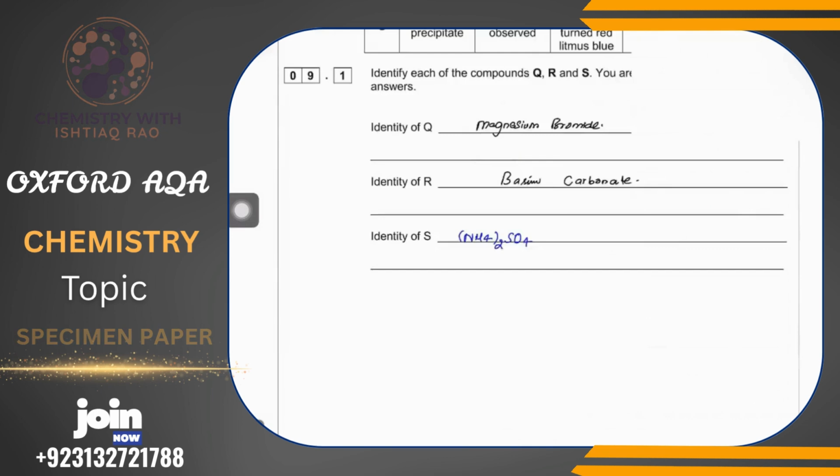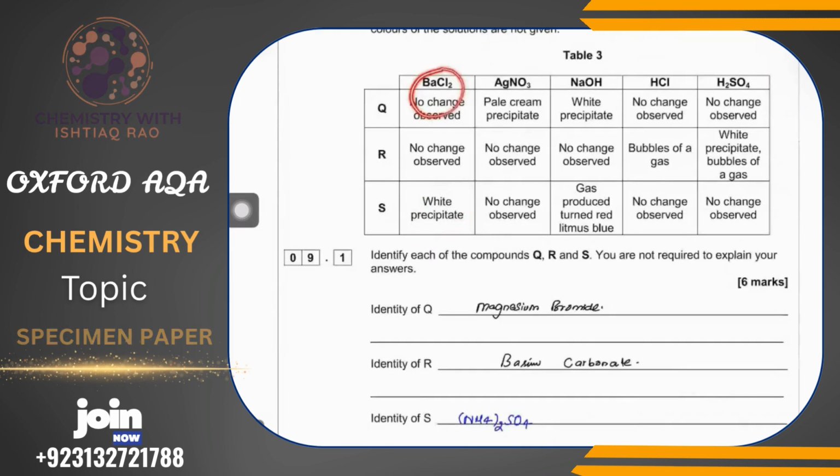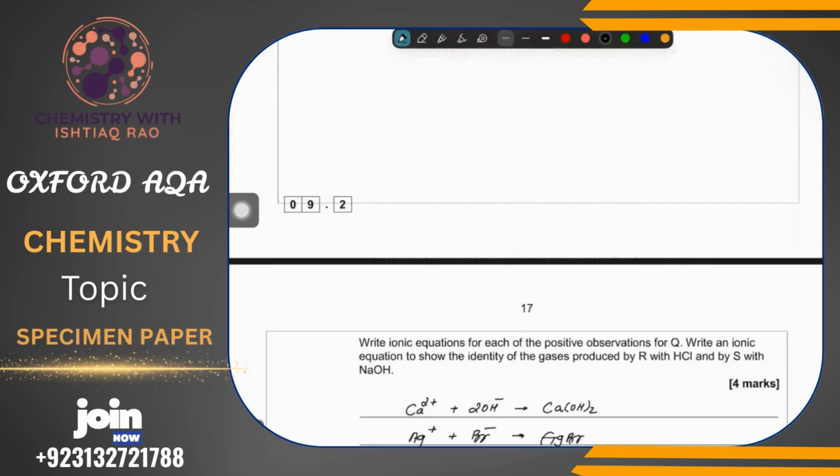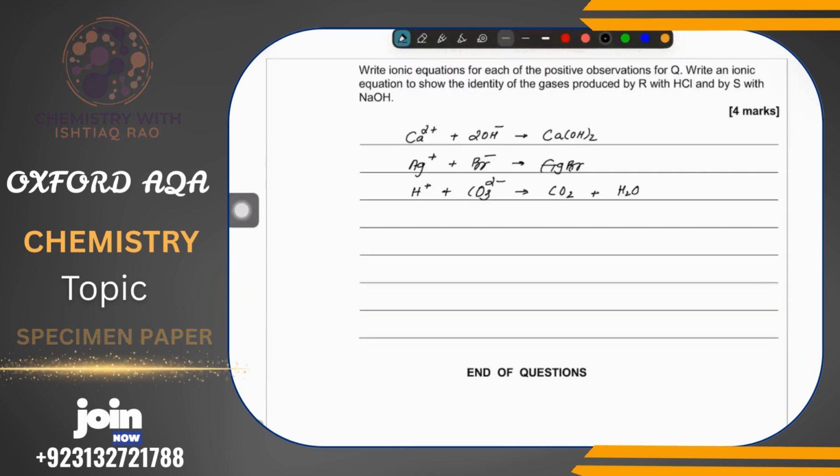In S, white precipitate, it's due to the formation of sulfate, then gas, ammonia gas. The ammonia gas forms when NH4 plus reacts with a strong base, it produces ammonia and water. So this is about S. This is about R, and this is about Q.